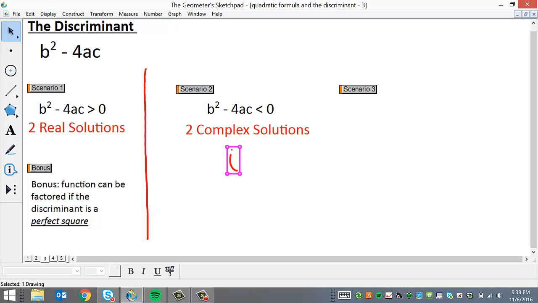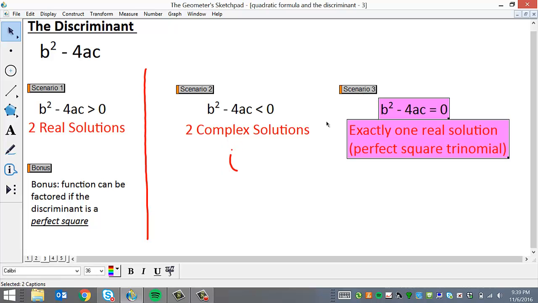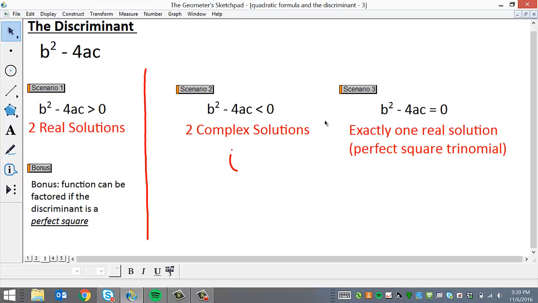Scenario 3 is actually, so we've got greater than 0 in scenario 1. We've got less than 0 in scenario 2. It doesn't take a rocket scientist to figure out that in scenario 3, you're looking at a discriminant that is equal to 0. And in this particular case, that's a signal to you that you're going to have exactly 1 real solution.